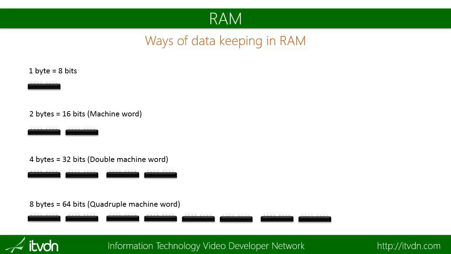Data cannot be stored in 3 bytes, 5 bytes, 6 bytes, or 7 bytes. The computer only understands and allows 1 byte, 2 bytes, 4 bytes, 8 bytes of data to be stored.